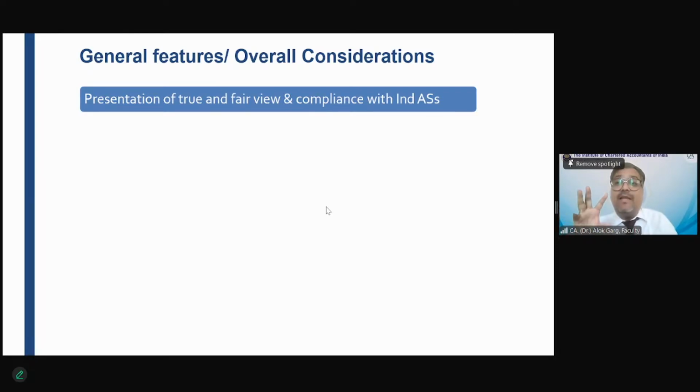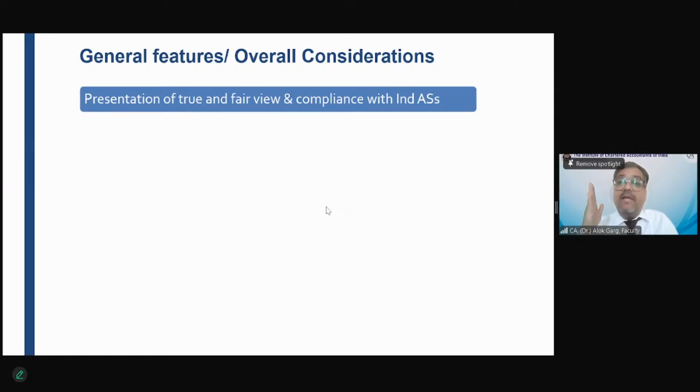So that is why in Ind AS 1 there is a requirement under para number 16, which says that management has to give an explicit and unreserved statement of compliance with all Ind AS.